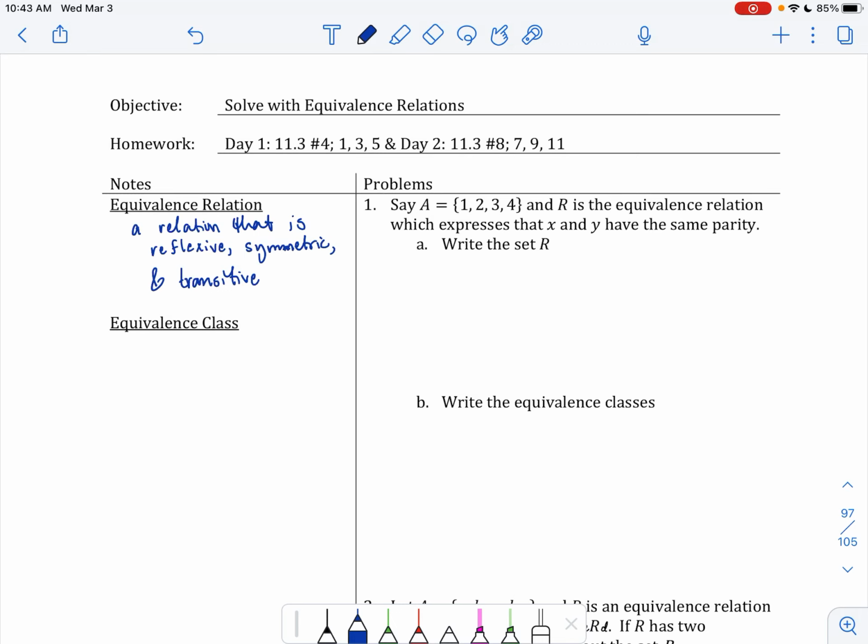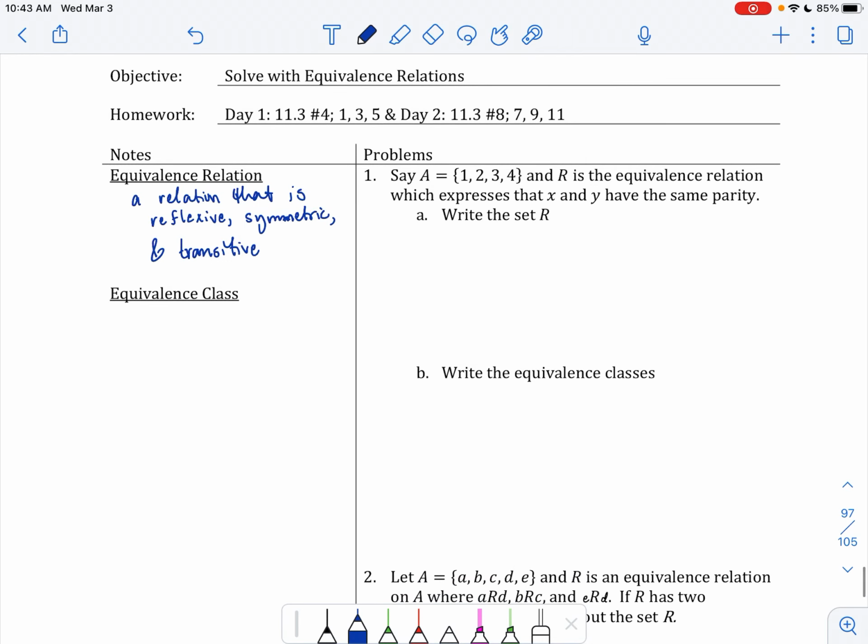Now, a new important idea with equivalence relations is they have something called equivalence classes.